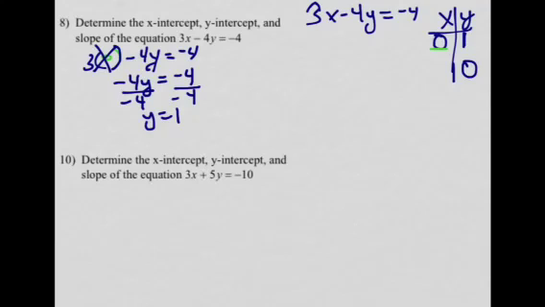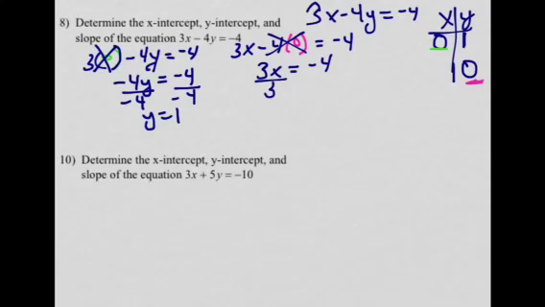Well, we'll do the same thing, only this time we're going to let y equal 0. So we go ahead and take 3x minus 4, and we're going to let y equal 0 equals a minus 4. Well, 4 times 0 is 0, so that cancels, and we're left with 3x equals a negative 4.